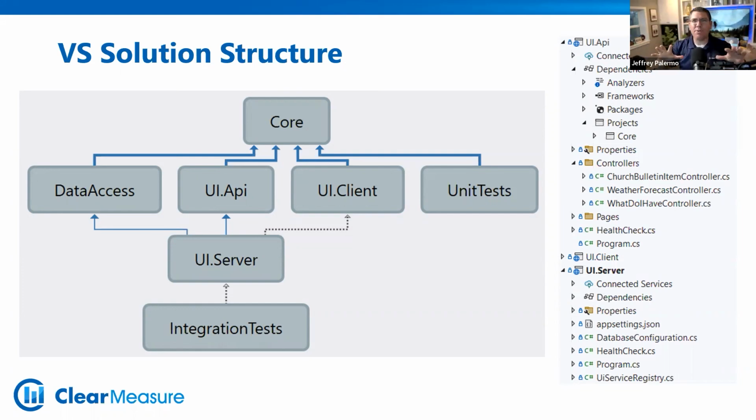It's all properly structured. We're making use of the abstractions in our core project, and yet we have a very thin but effective startup project, which in this case is UI.server. And then all the debugging in Visual Studio works appropriately and everything gets started up because the WebAssembly debugging is hooked up and everything like that. And then your integration tests that have to know about everything can just reference your server project and you get all the rest by flow through.